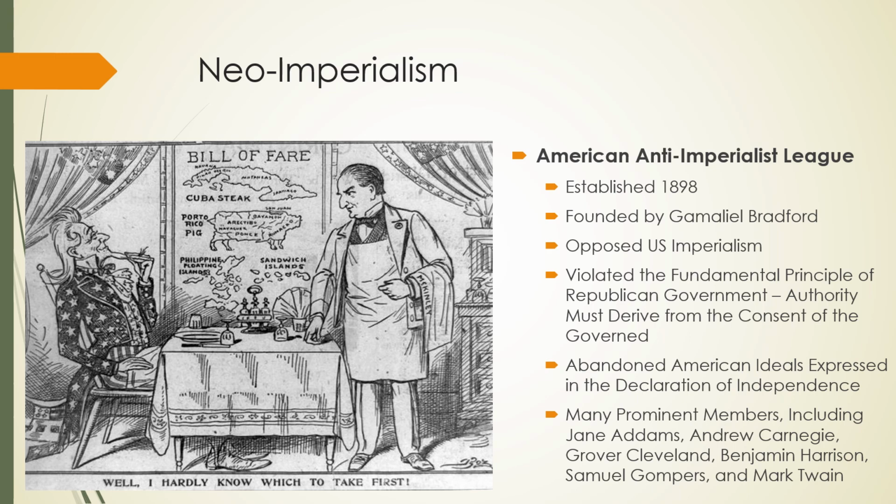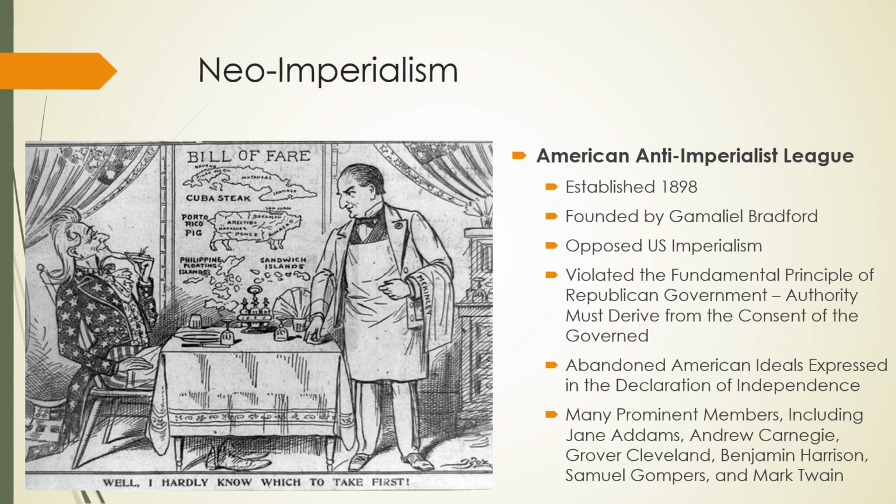They want to oppose U.S. imperialism. All right, why do they want to do that? For one, they believe it violates a fundamental principle of Republican government, right? The United States is a republic, and a republic is based on the idea that authority must derive from the consent of the governed. In other words, the people in charge are in charge because the people who are governed let them be in charge, right?